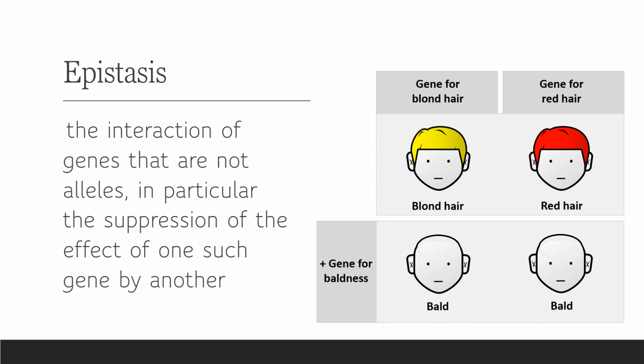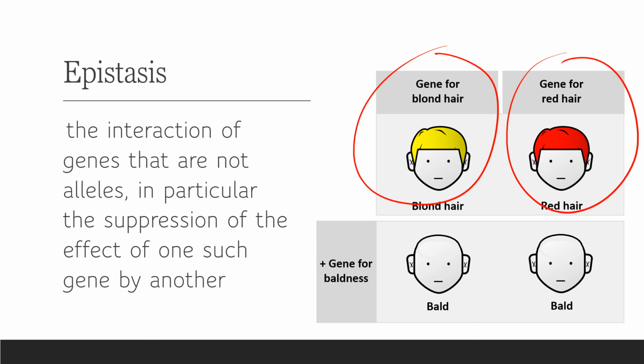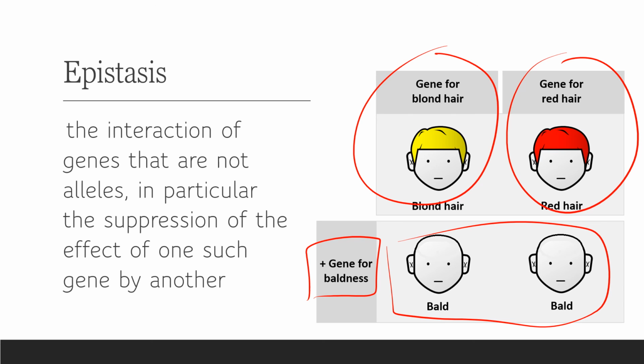Okay, almost done. Epistasis is basically a gene that suppresses another gene. So for instance, you could have a gene for blonde hair, you could have a gene for red hair, but if you have the gene for baldness, it doesn't matter what color hair you have because you're going to be bald. Right? We see this a lot in dogs with certain fur colors.